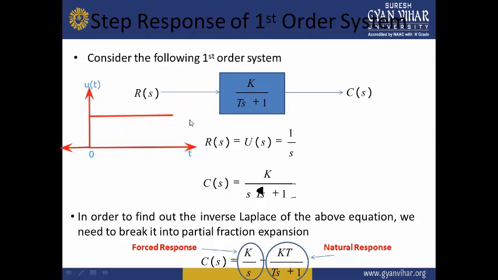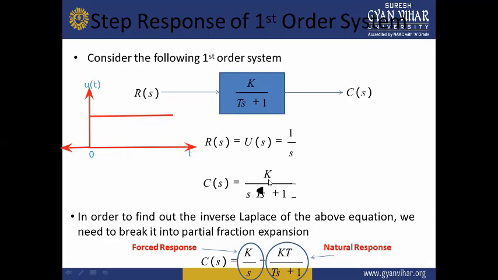It is like a step, you can see. That's why it is called a step response. So if we have such values, then R(s) is equal to U(s) equal to 1 by s. Therefore C(s) is equal to K upon s into (Ts plus 1).